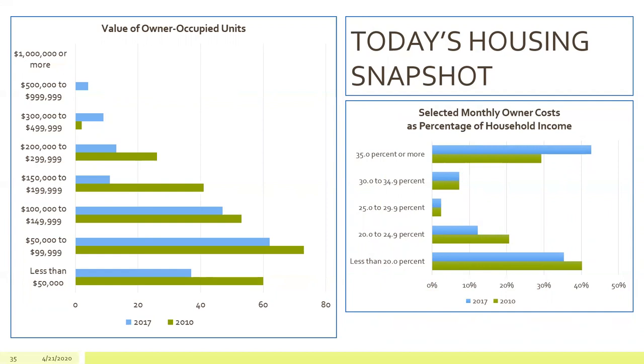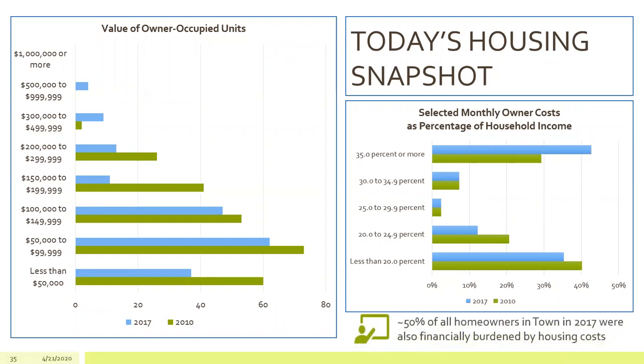Again here, note this increase in those paying greater than 35% of their income in housing costs. So in 2010, we were looking at just shy of 30% of households paying over 35% of their income. But by 2017, that's jumped to about 42% of households essentially financially burdened by housing costs.